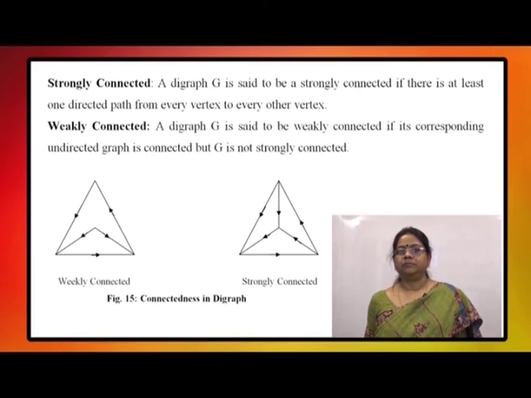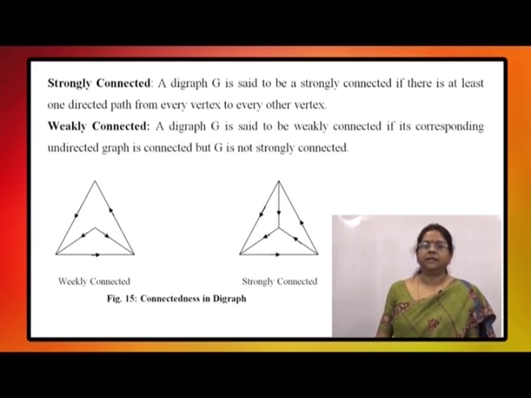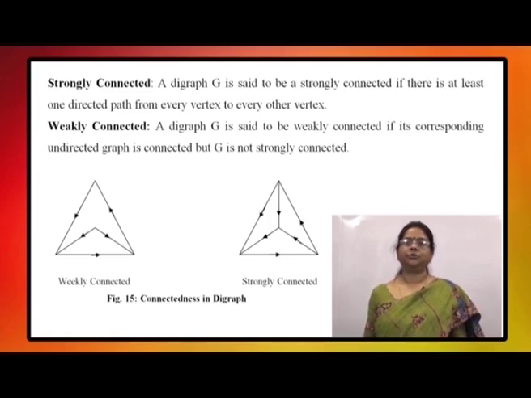But in the left side weakly connected graph, between some pairs of vertices there is no directed path, but the underlying graph is a connected graph. So it is a weakly connected graph, and the second one is a strongly connected graph. We can define the connectedness in digraph in these two ways.